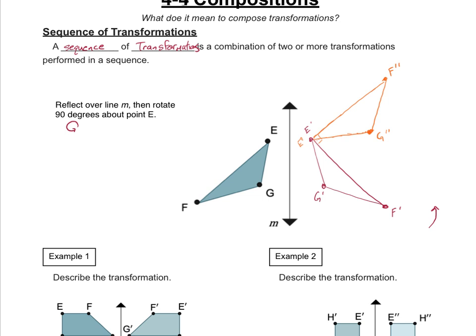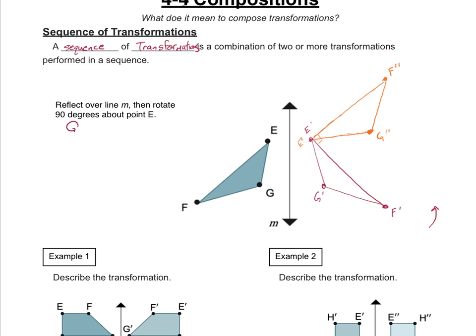Rotating would put F approximately there, G approximately there, so it looks something like that, okay? So this would be G prime, this would be F prime. And then if we reflected it over the axes, G would be over here, G double prime.